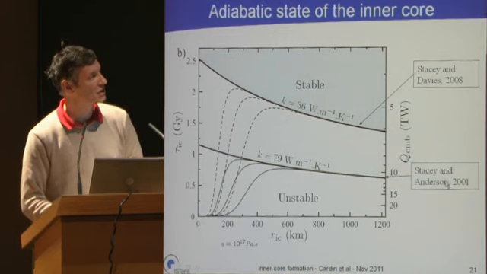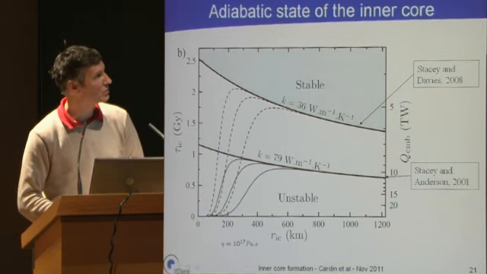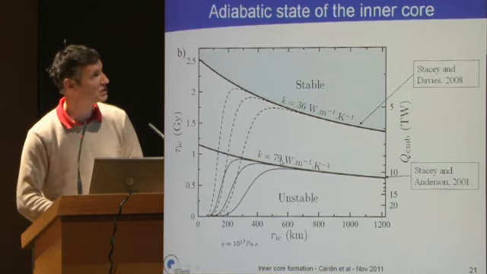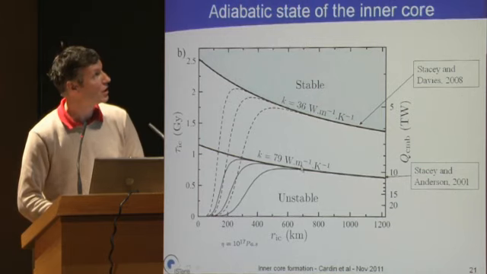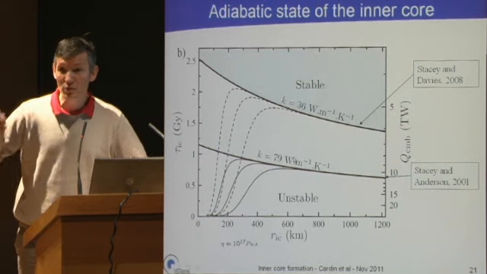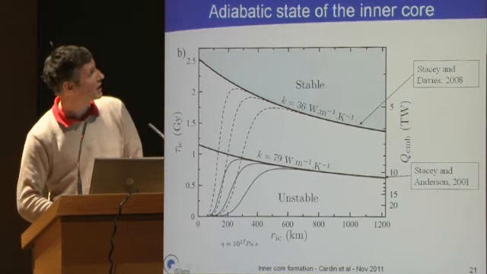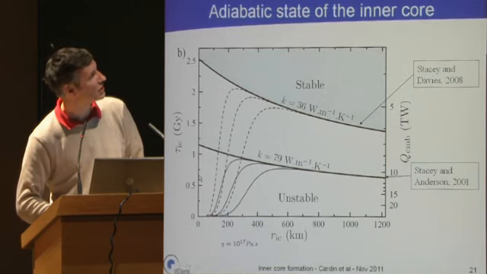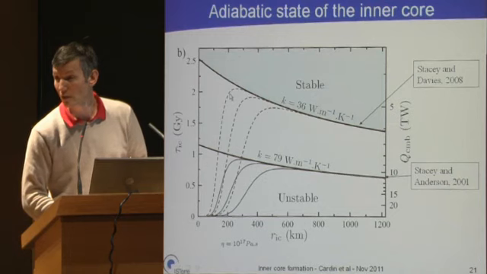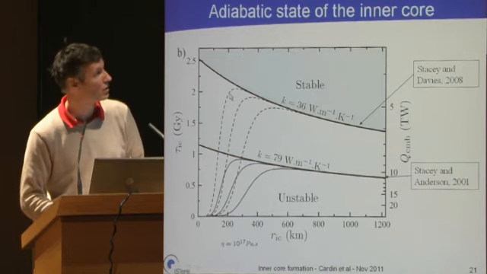One from Stacey and Anderson in 2001, which was very large, 79 watt per meter per Kelvin, which made everybody believe that no thermal convection was possible in the inner core, because any inner core older than, let's say, 600 million years couldn't be dynamically unstable.